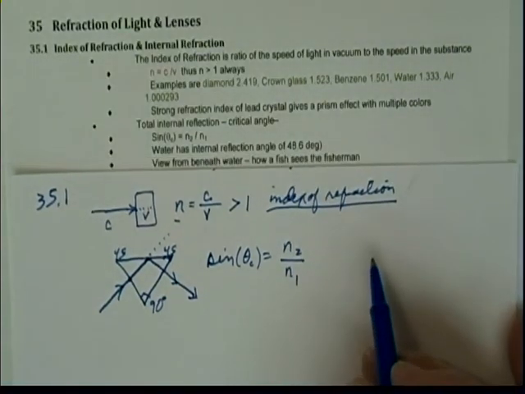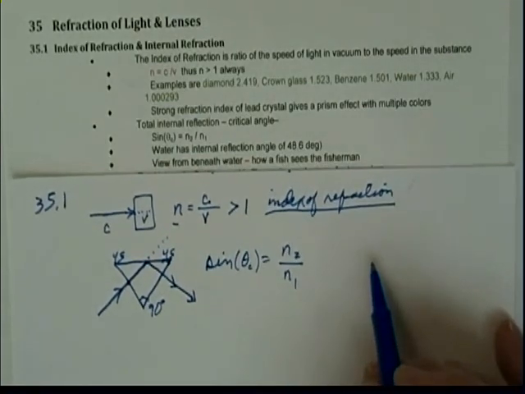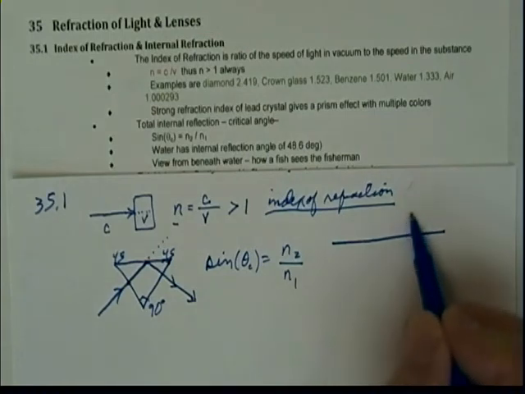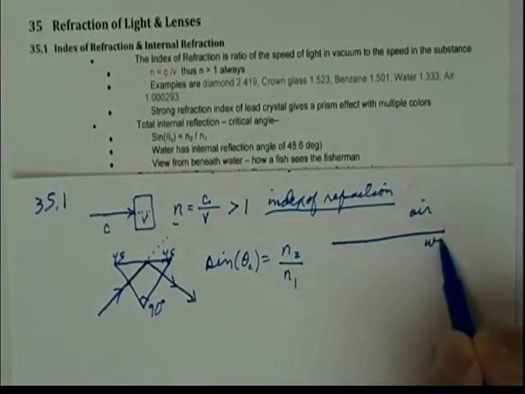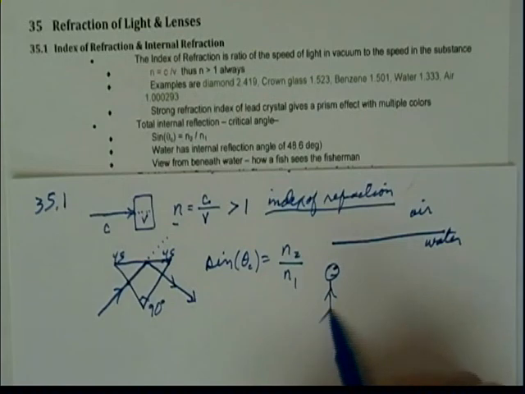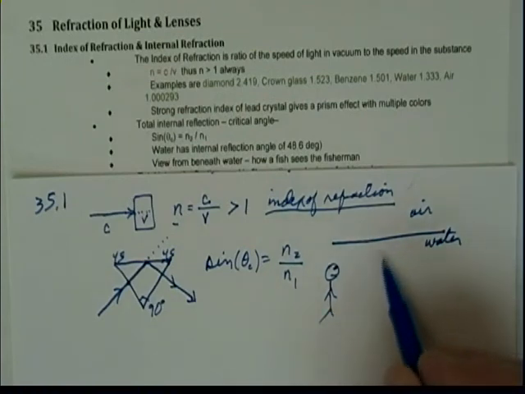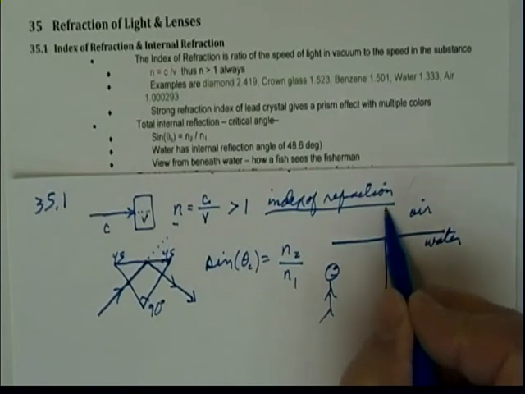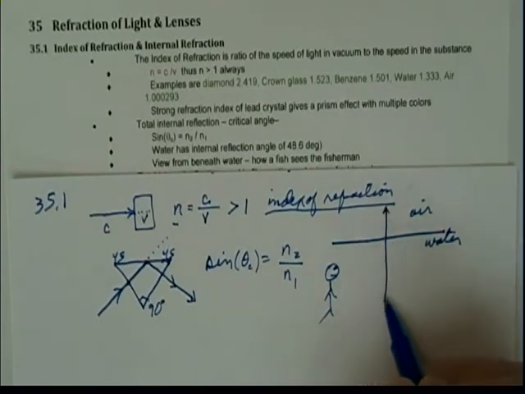So water has a very strange effect. If we view beneath the water, if you were to be in water, this is air, and this is water. And if I were down here in the water, imagine a guy down here, and he's watching all this take place. Light, of course, that goes straight up will go straight out.